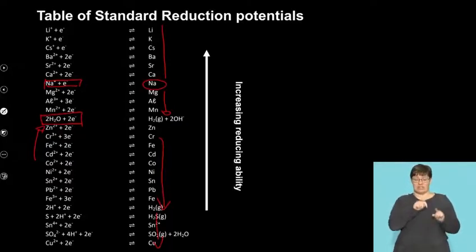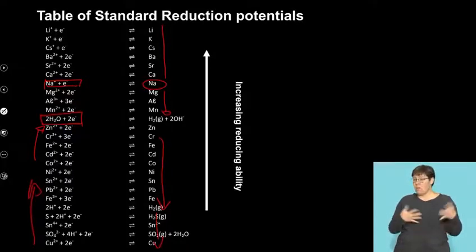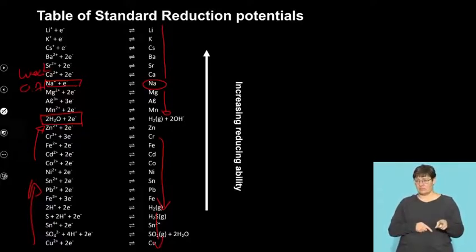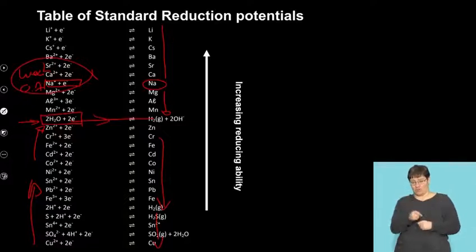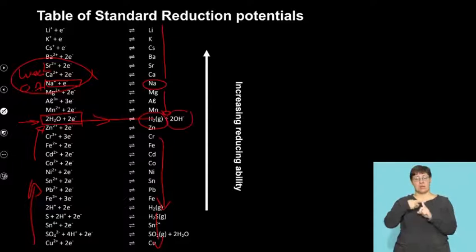Remember, on this side, the oxidizing agents are getting weaker and weaker. This is a weak oxidizing agent. This one is slightly stronger, so it's going to be preferred. So this reaction is chosen above that reaction, and we'll discuss that shortly as well. But it will give me hydrogen gas and some hydroxide ions.